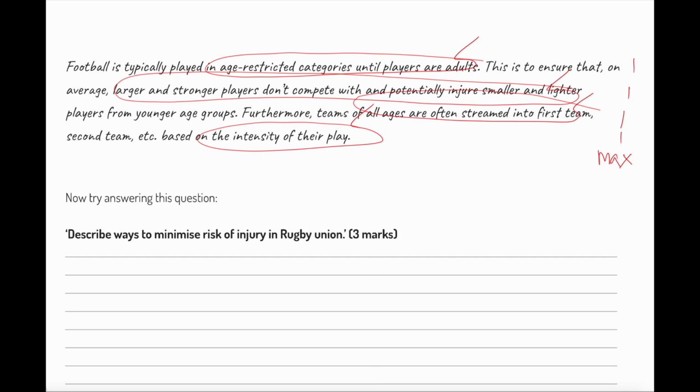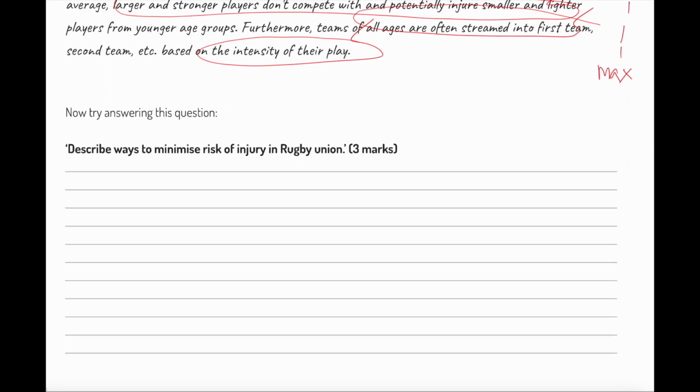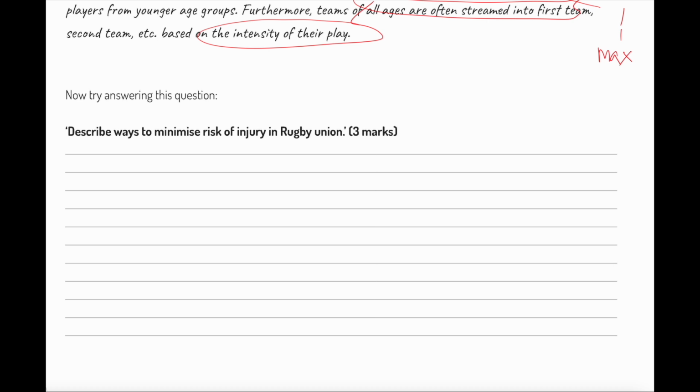So this one here, describe ways to minimize the risk of injury in rugby union. I'm just going to sort of bullet point this out, but can you see how I might go for something like PPE? Okay, I might then go for something like gum shield, and I would say why. I would say what would happen here.